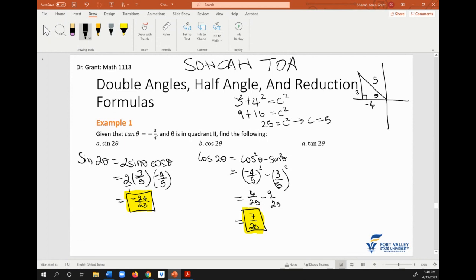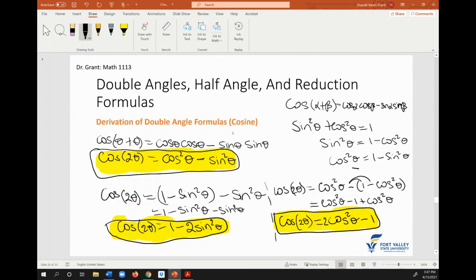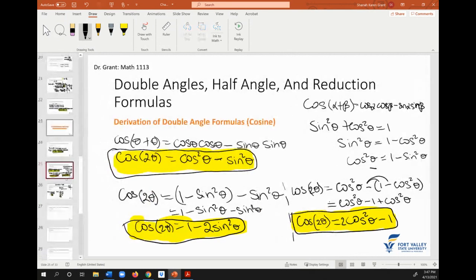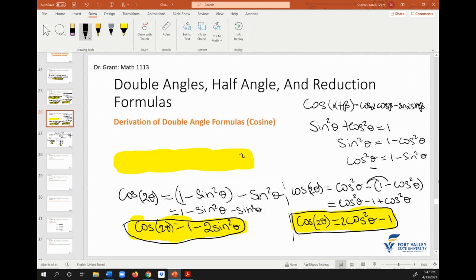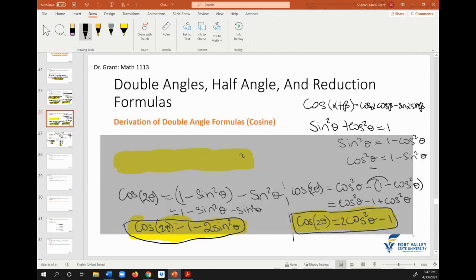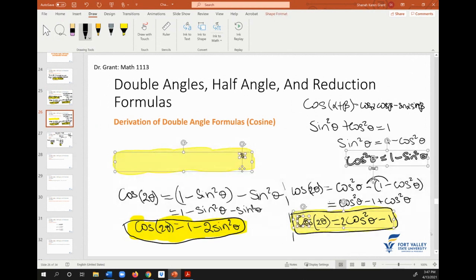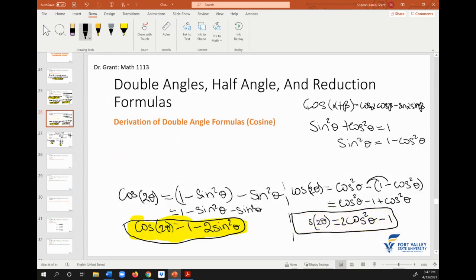Now, as it relates to tan, we're not going to derive it in a similar way to how we derived sine and cosine. Let me just put it here.